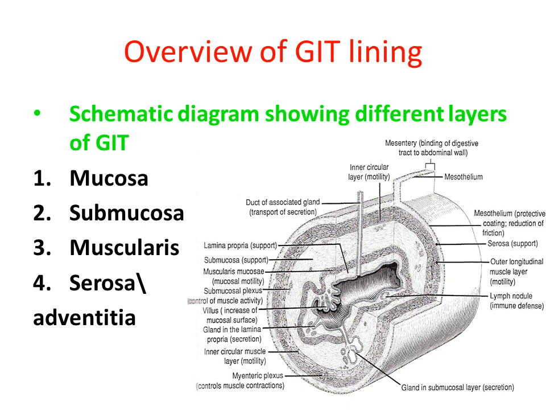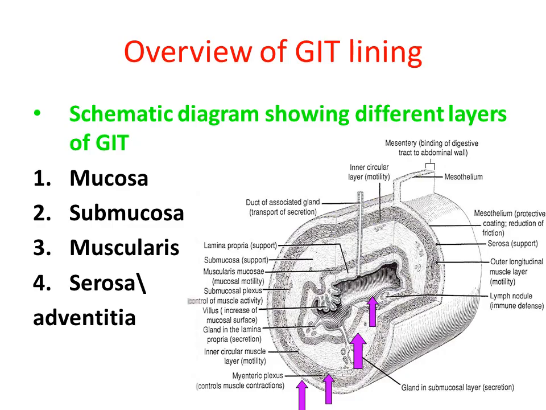This is a very nice diagram showing the four different layers of the GIT lining. As you can see, the innermost layer is the mucosa, and after that we have the submucosa. The submucosa contains the submucosal plexus, and then we have the muscular layer, and the outermost layer is serosa or adventitia in a different location with the same name.